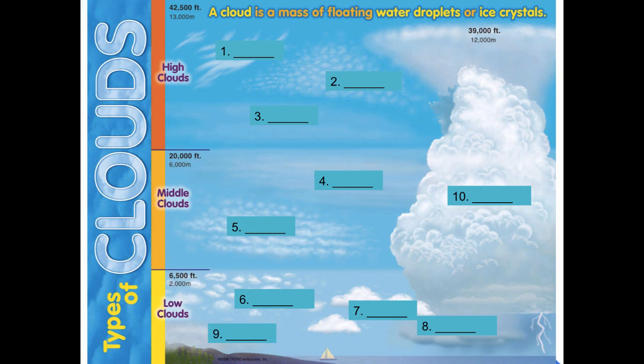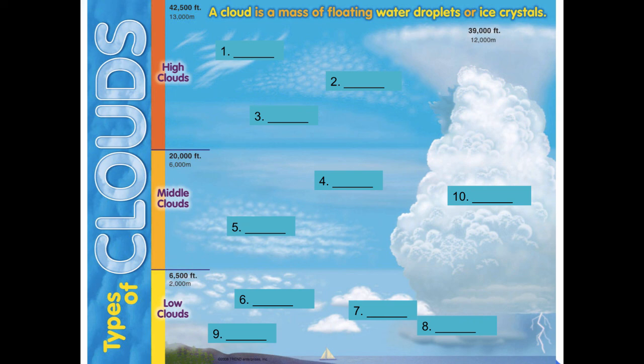So for your homework after these notes, you're going to try your best to identify the different types of clouds based on the altitude at which they're forming and their appearance. So remember, if it's a high forming cloud, you should probably have cirro in front of it. If it's a middle forming cloud, you should probably have alto in front of it. And if it's a low forming cloud, you should probably have strato in front of it, unless it's just a plain old cumulus cloud.